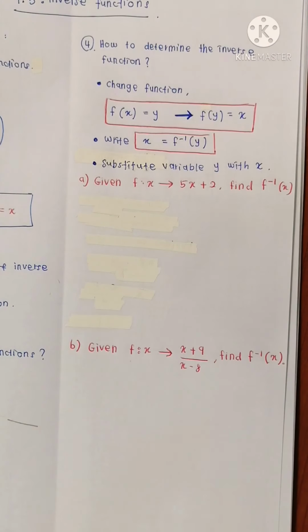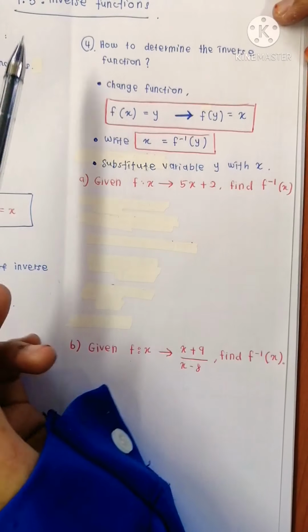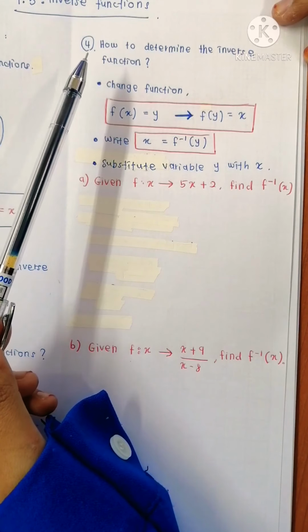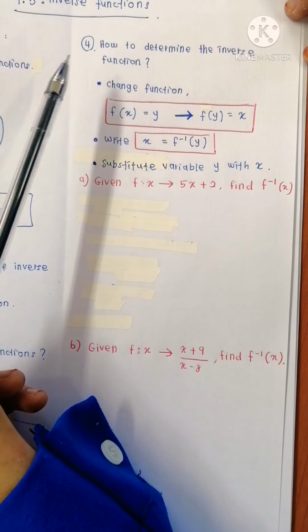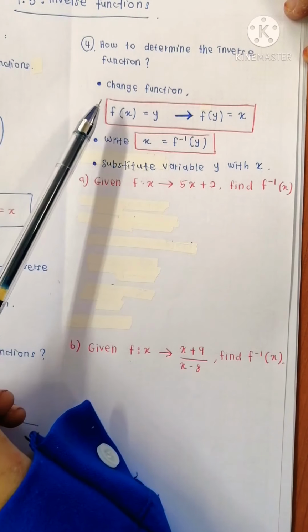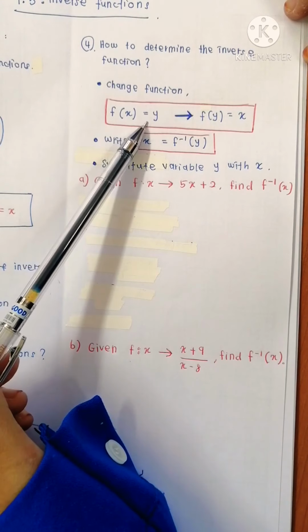Okay, so we proceed with our last lesson, which is how to determine the inverse function. If you want to determine the inverse function, you need three steps. The first one, change the function. This is the normal thing that you see, right?